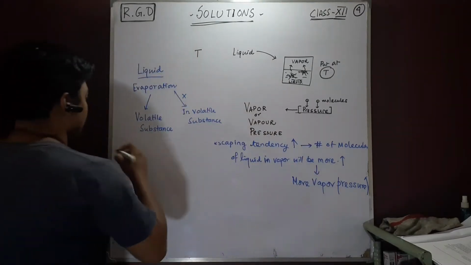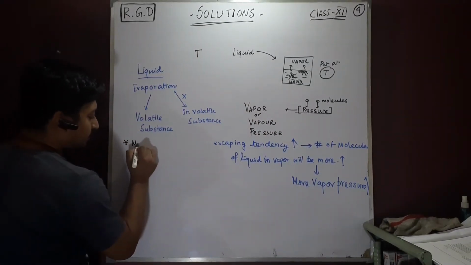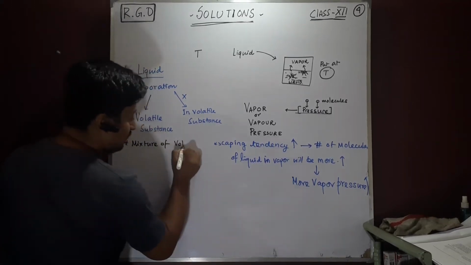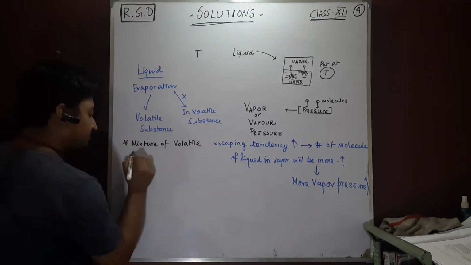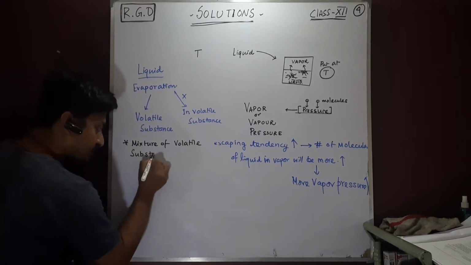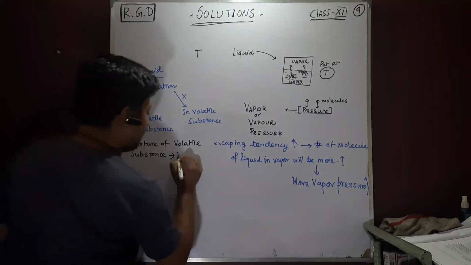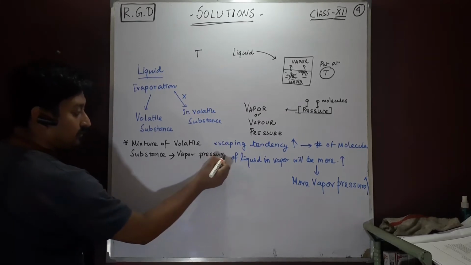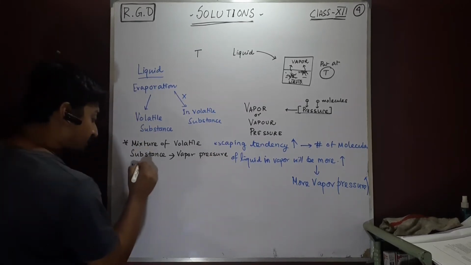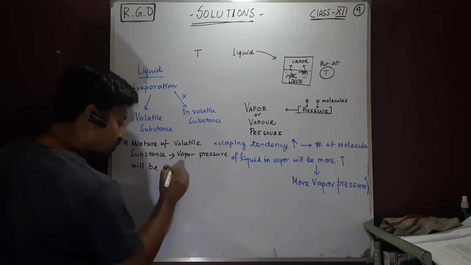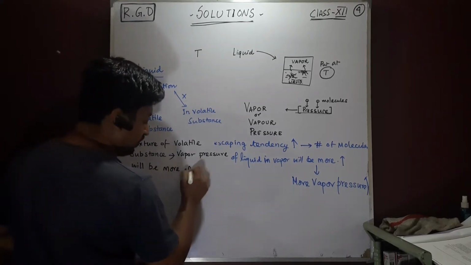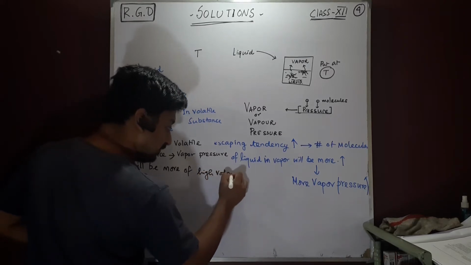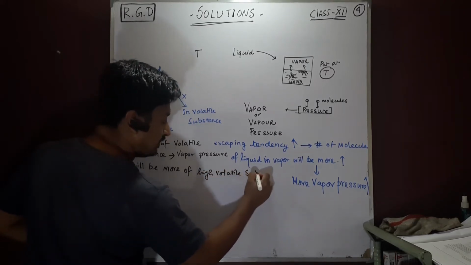So in a mixture of volatile substances, the vapor pressure will be more for the highly volatile substance.